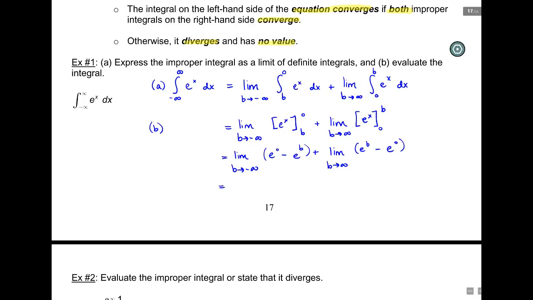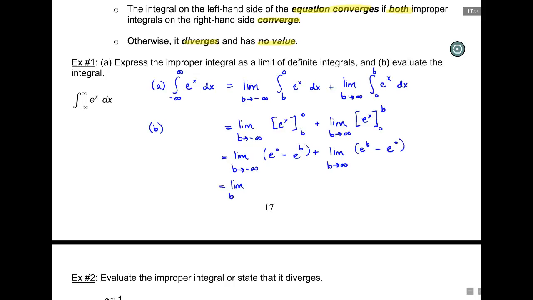Well, e to the 0 goes to 1, right? So I have 1. Actually, let me rewrite this. If I look at the first part, I have b approaching negative infinity.